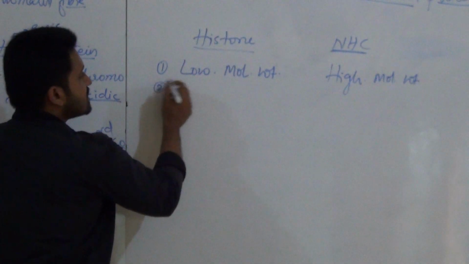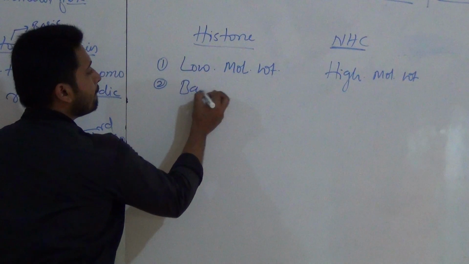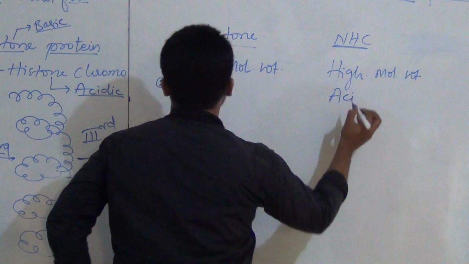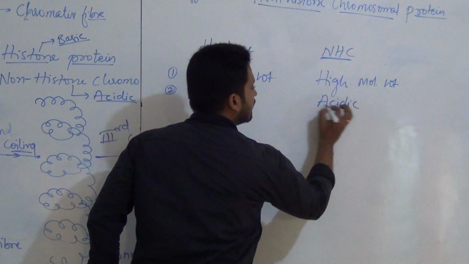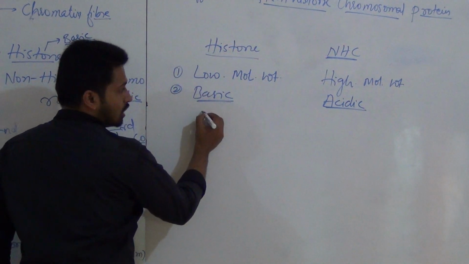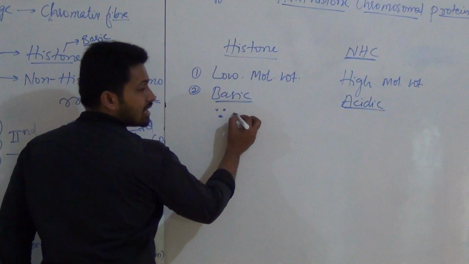Next, acidic or basic. Histone is basic, and this, I told here, is acidic in nature. The reason it is basic is because of amino acids. Which amino acids?